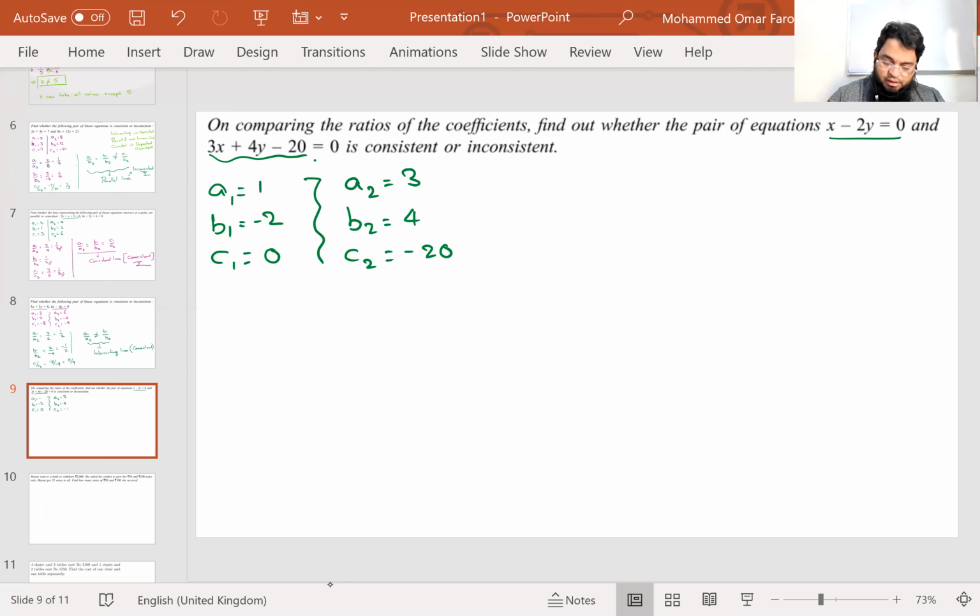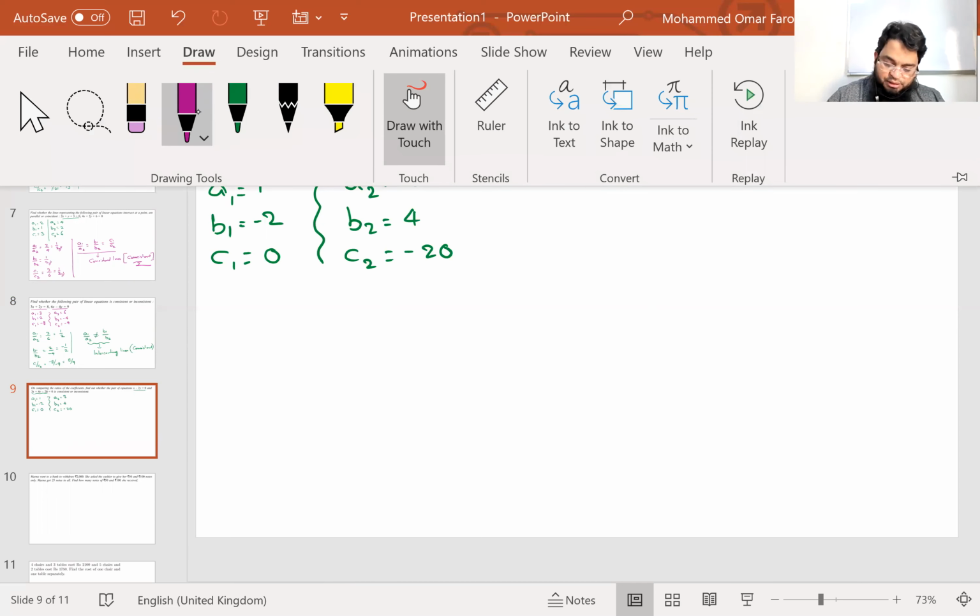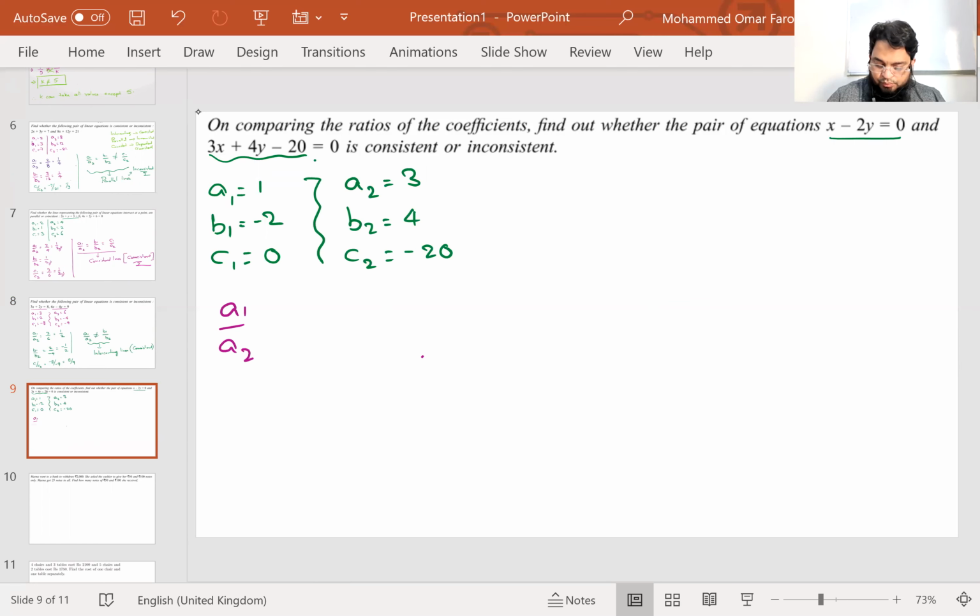So let us find the ratio of the coefficients. a1 by a2 equals 1 by 3, and b1 by b2 equals minus 2 divided by 4. If I take out the common factors, it will be minus 1 by 2.